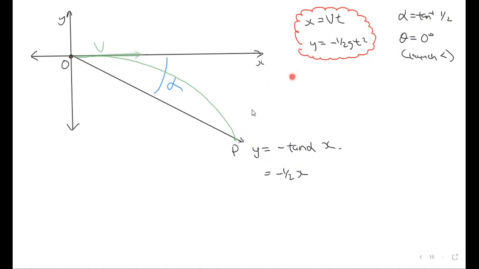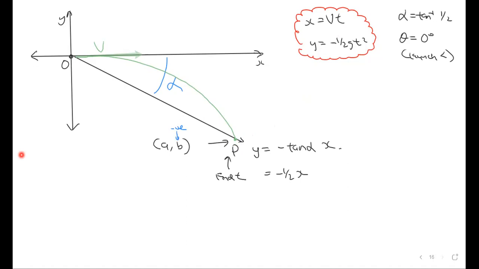Now, you want to find the time where it lands. So you want to find this t. Okay, so at this point, let's call this point, it's going to land at some a, b, where b is negative, okay? Note b is negative because it's below the x-axis.